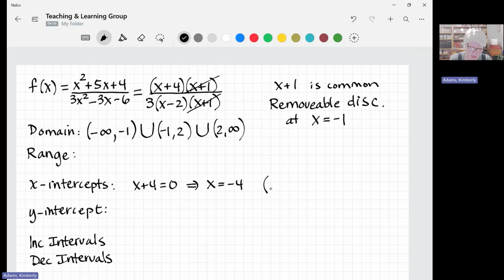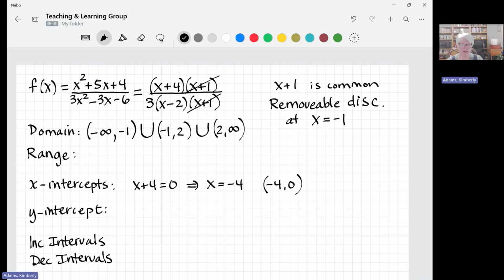So the x-intercept is at the point (-4, 0). It can't intercept at -1 because even though -1 is a 0 for the numerator, the function's not defined at that location, so it can't intercept the axis.